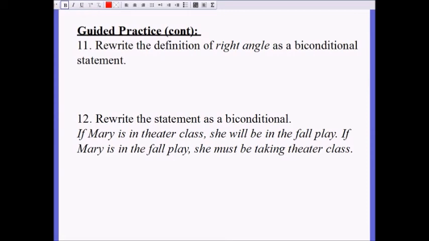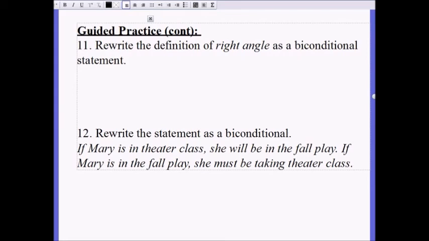Rewrite the definition of right angle as a biconditional statement. So we know that if it is a right angle, then it has to be 90 degrees. We know that if it's a 90-degree angle, then it's a right angle. Let's write this down.